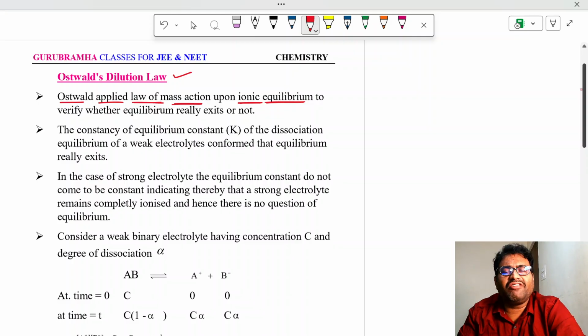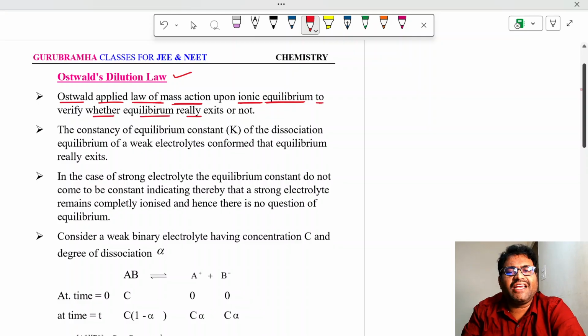In chemical equilibrium we did not study equilibrium involving ions. Especially in ionic equilibrium, we study equilibrium involving ions. So that's called ionic equilibrium.